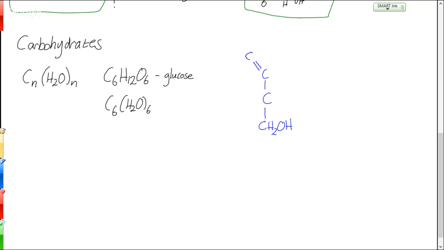They're going to have an aldehyde on the top. And then the other carbons in the structure all have an H and an OH. And then the very bottom of the chain is going to have two H's and an OH. So each carbon has an OH on it, except for the top one, which is an aldehyde. And then the bottom one has the extra hydrogen also. So this is a very general representation of glyceraldehyde.